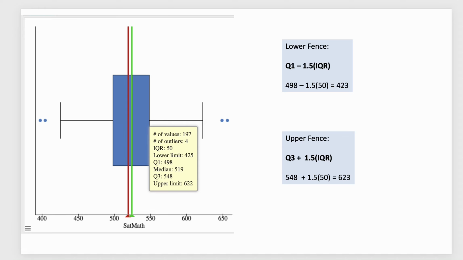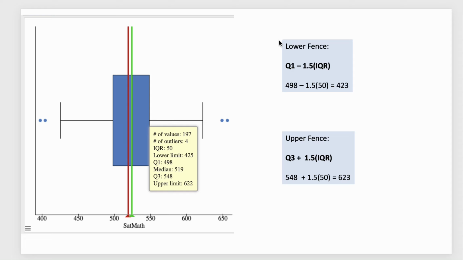At that time, what I analyzed was the math SAT scores across several school systems in the greater Boston area. There were two outliers. There were outliers on the low side, and there were outliers on the high side.